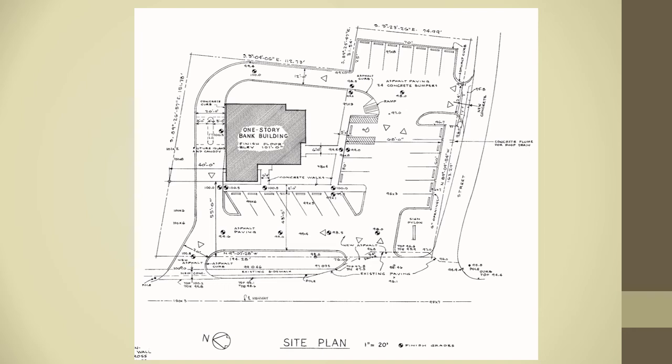So let's take a look at some close-ups. We have direction, bearings. We have distances. So if I can find the point of beginning, which is not clear on this drawing, I can lay out these property lines.